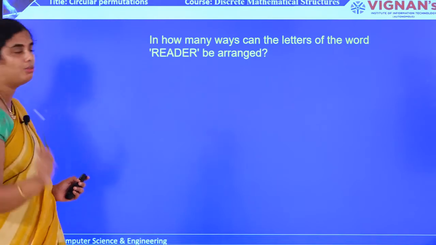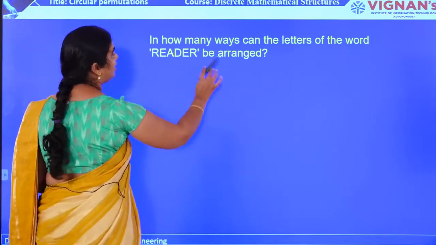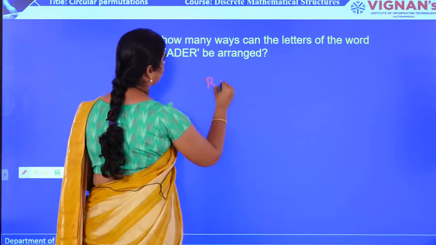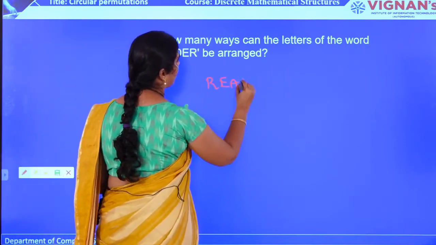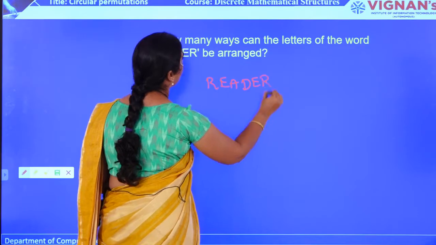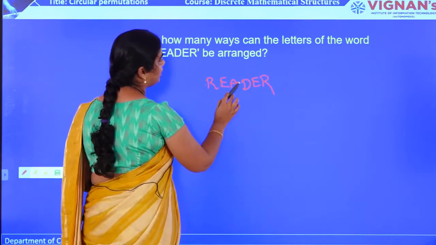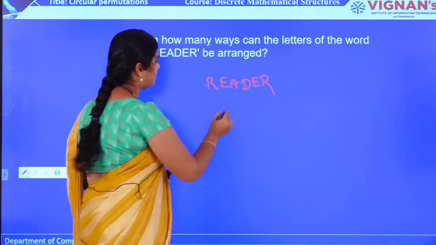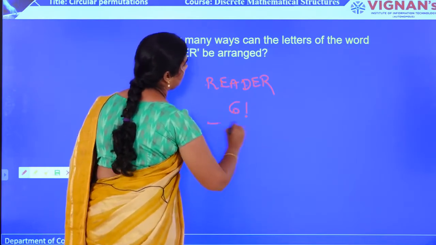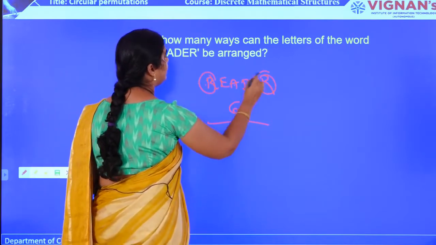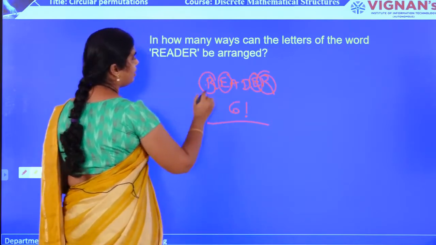I will explain with one example. I am given the word reader, and I am asking you to find the number of possible arrangements that can be made. Firstly, 1, 2, 3, 4, 5, 6: 6 letters are there, so 6 factorial. Then check whether there are any repetitions. Here R is repeated and E is repeated.